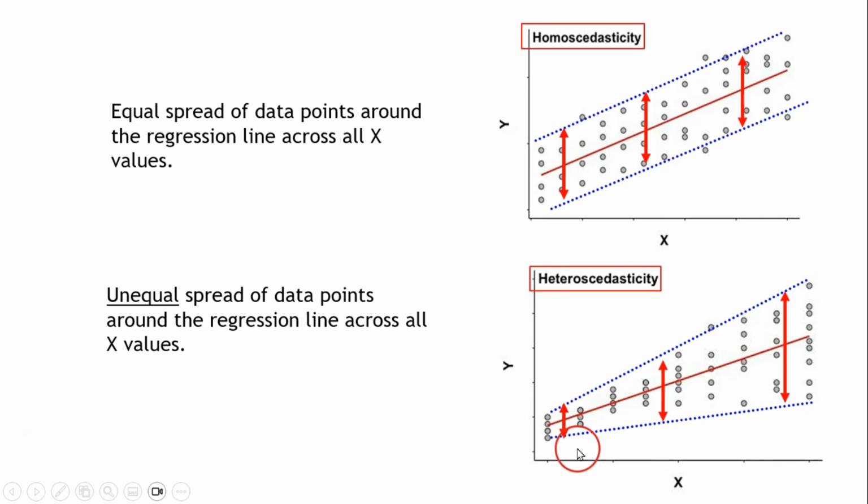And so you have sort of an uneven predictive capability of your regression equation. And that renders your regression equation not very useful in the real world. And so this is a case where you can see the homoscedasticity versus the heteroscedasticity. And the one you want to look for is the one up here in the upper right-hand corner.